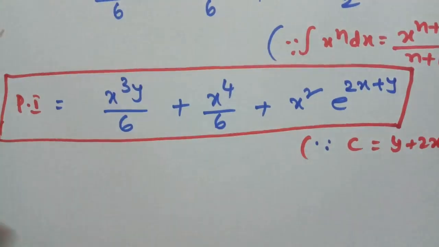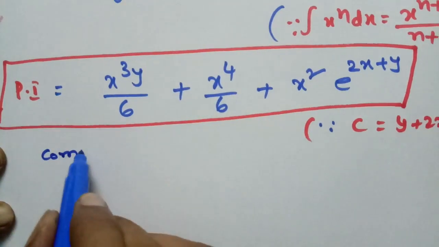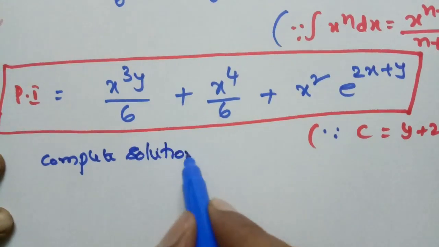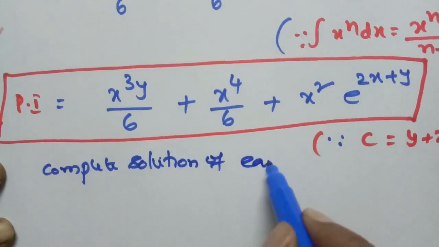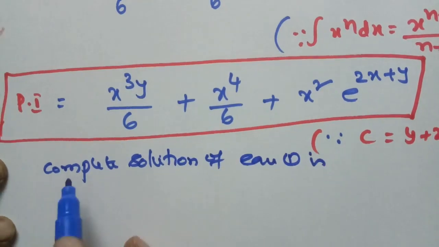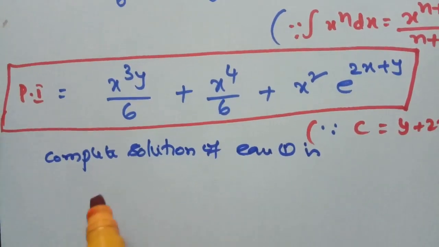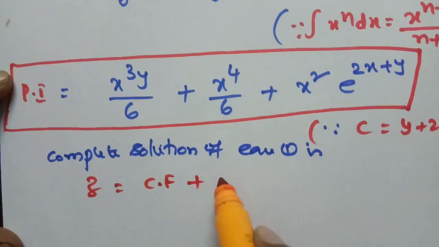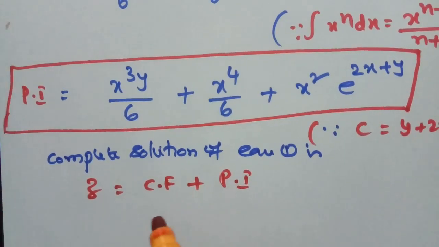Therefore, complete solution of equation 1 is z is equal to complementary function plus particular integral.